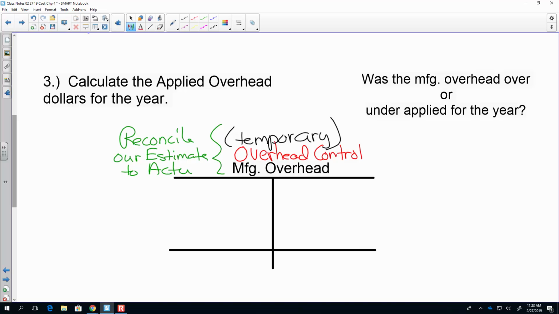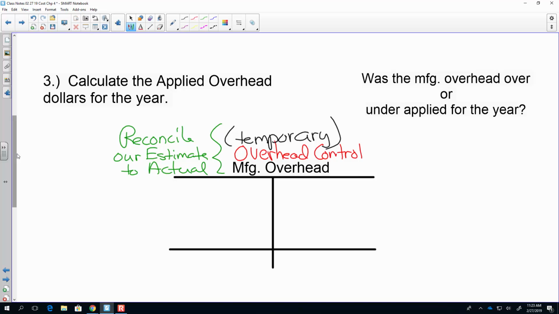We can't send the IRS a cost of goods sold amount with an estimate number in it. They kind of frown on that. Same is true with Wisconsin Department of Revenue. They would not like that. Nor would the bank like that. They'll come after you pretty quickly. That's that ethics thing, right? We got to be as clear and precise as we can possibly make it.